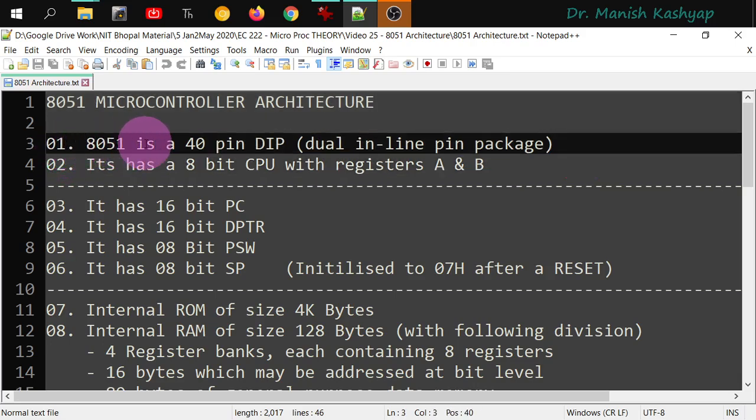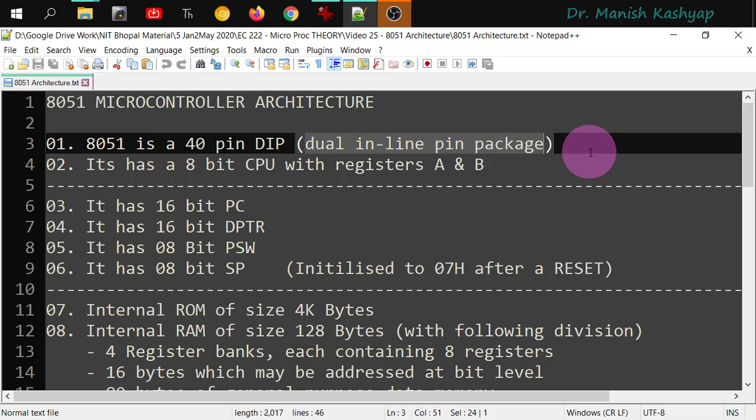8051 is a 40 pin DIP. DIP means dual inline pin package. What do I mean by dual inline pin package? In your laboratories, you might have seen integrated circuits which are of rectangular size and have pins on one side and the other side, on the longer sides.